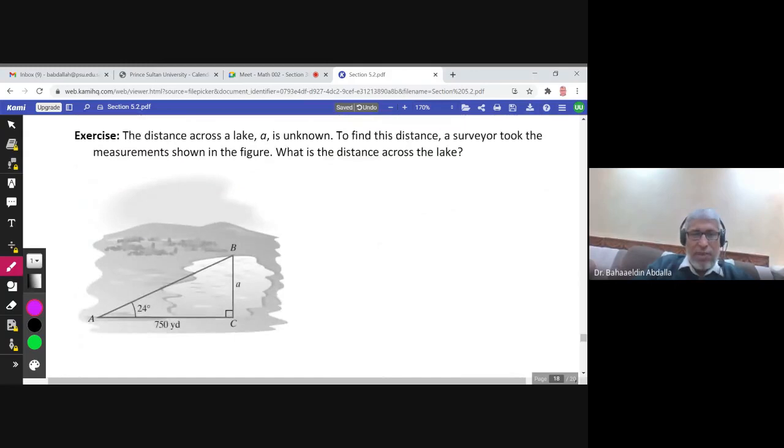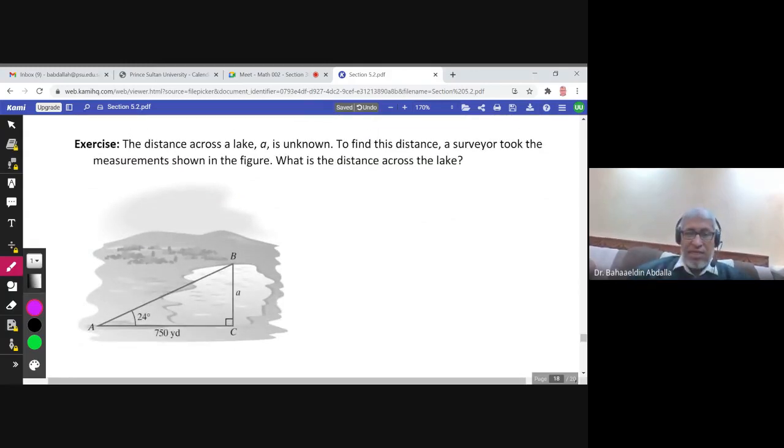Another exercise: the distance across a lake, this is the distance A, is unknown. To find this distance, a surveyor took the measurements shown in the figure. So the surveyor is here at the point A. The distance from A to C is 750 yards, and the angle at A is 24 degrees. Can you use this information to find the distance across the lake? And the answer is yes.